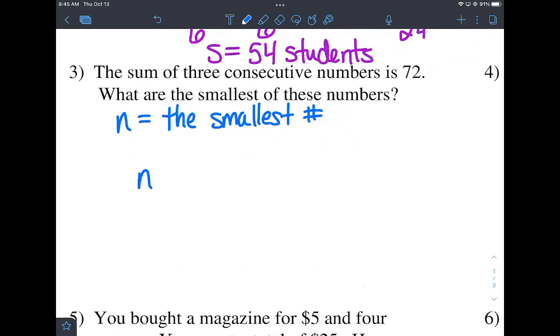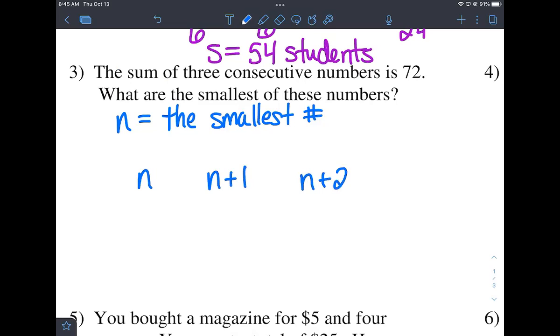Now, the next number after N, let's assume for simplicity's sake, that N is 10. What's the next number after 10? 11. So it'd be N plus 1 more. See how that works? The next consecutive number, 10, 11, and 12, would be the first number plus how many more?